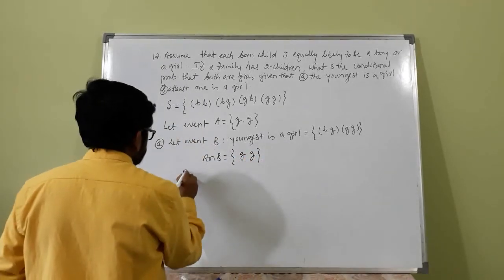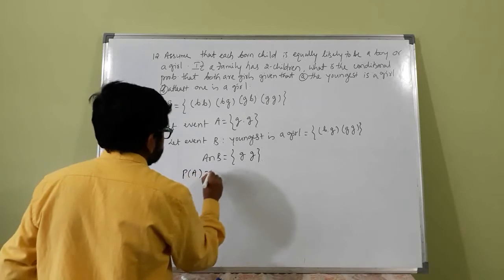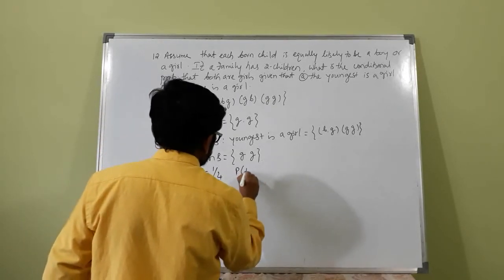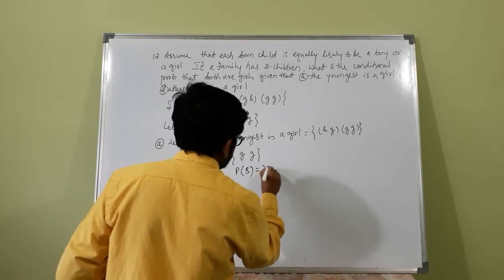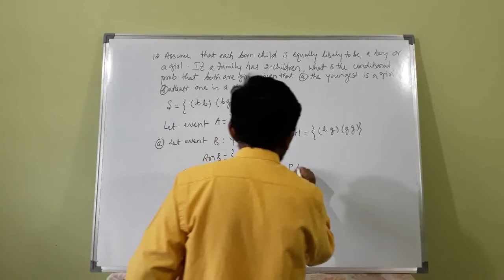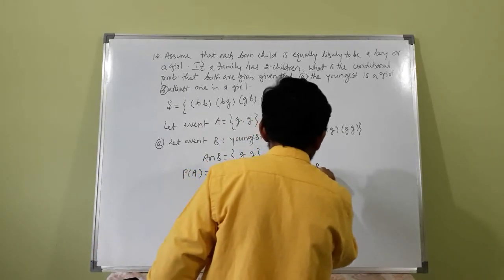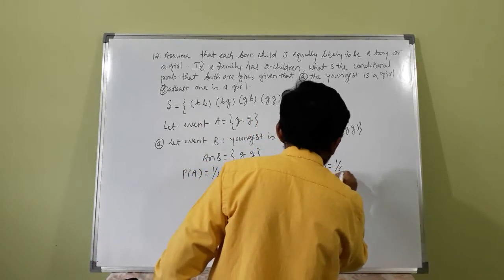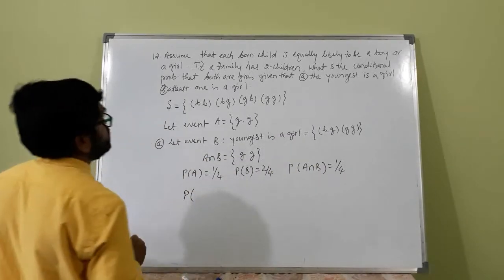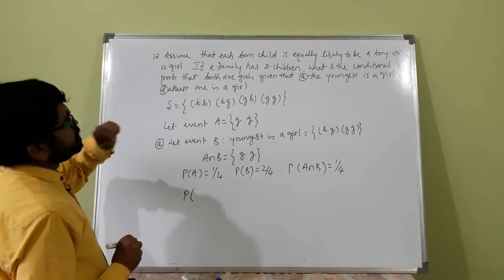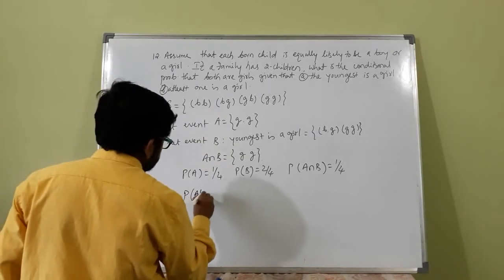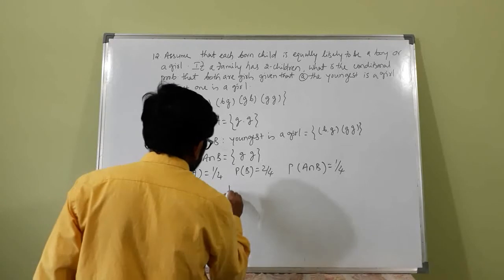Now probability of A is 1 by 4. Probability of B is 2 by 4. Probability of A intersection B is 1 by 4. Now probability that the youngest is girl, A given B, is required.